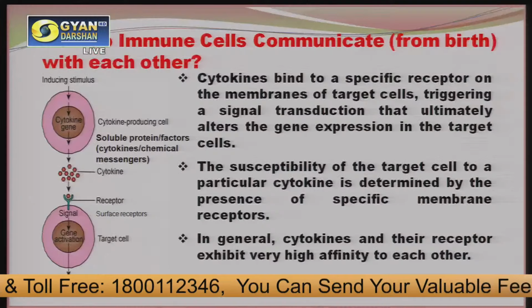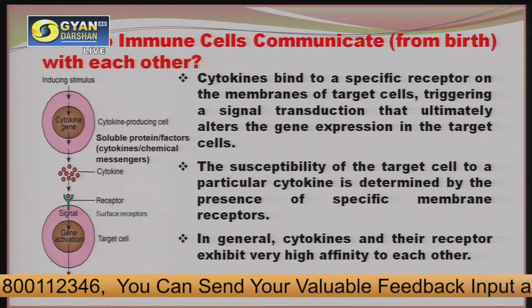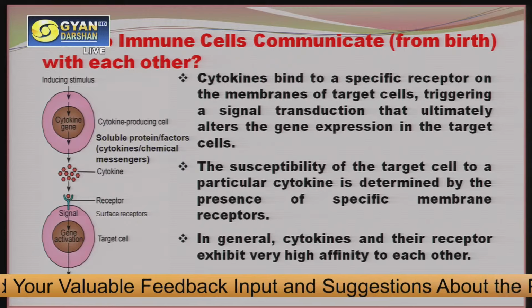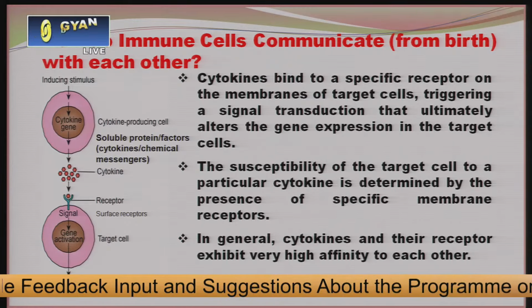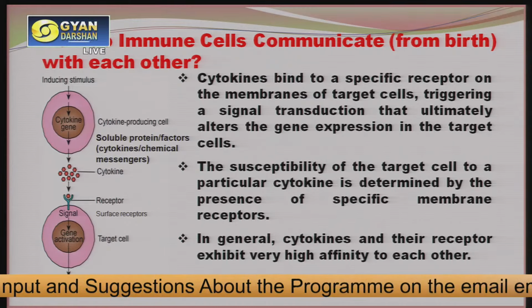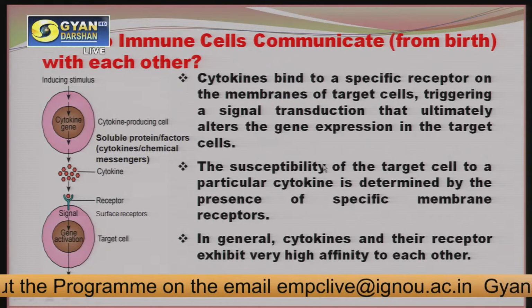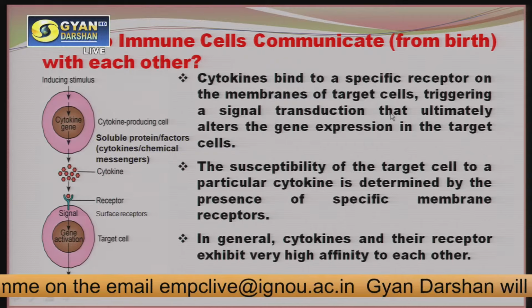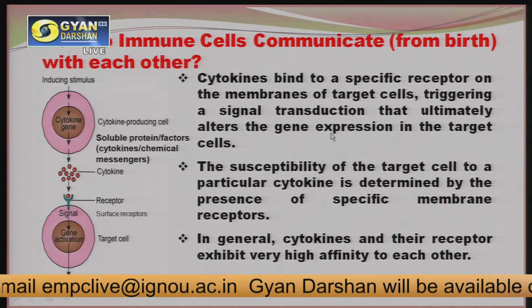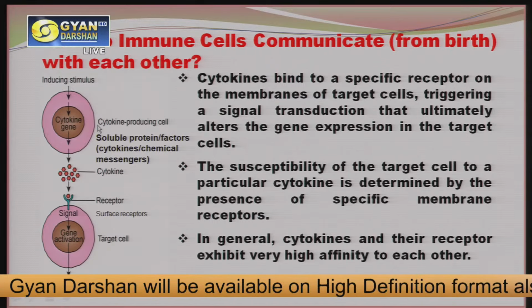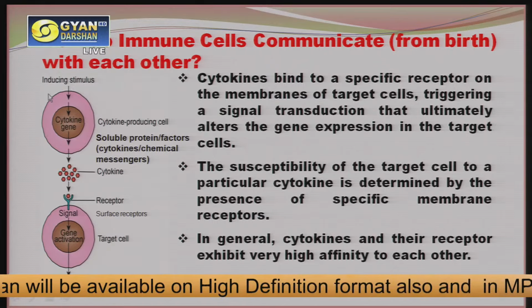And how do immune cells communicate with each other? The cytokine binds with specific receptors on the membranes of the target cells, triggering signal transduction that ultimately alters the gene expression of the target cell. You can see in this figure, these are the cells.